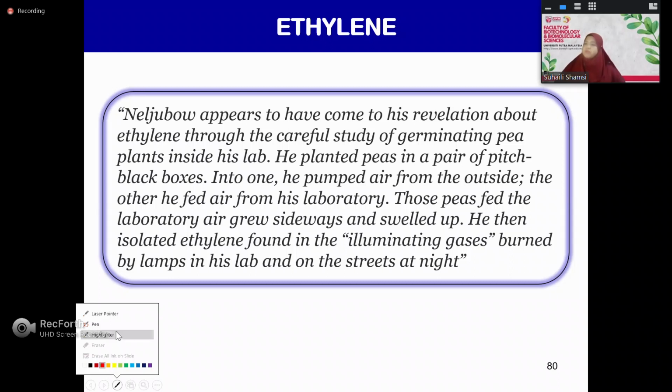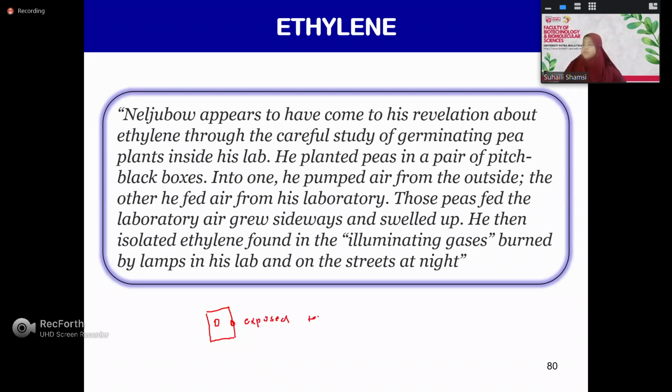Basically what Neljubov did, he put a pea seed in a black box, and it has an opening here. One is exposed to the air in the lab. Another one is exposed to air outside.